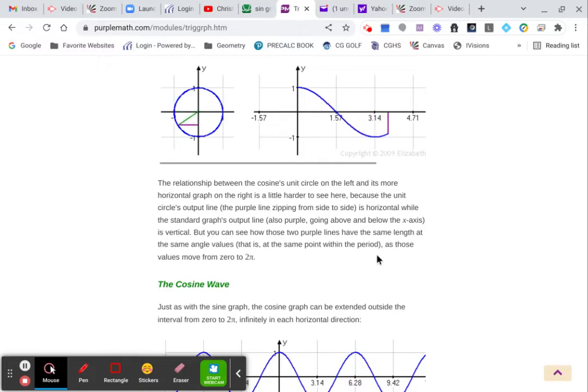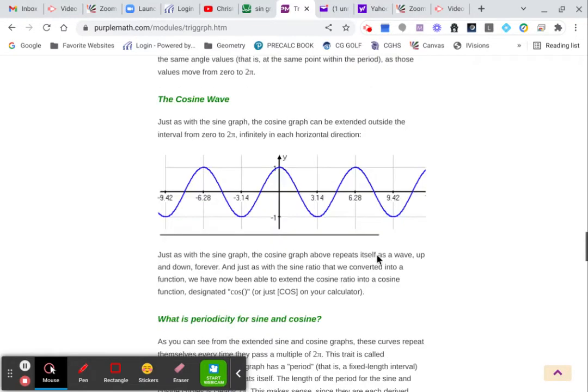So it goes down to 0. Then it goes down to negative 1 at pi. Then it works its way up to 0 and then back up to 1. Okay, so again, this is what cosine looks like over lots of periods. So from 0 to 6.28, which is 2 pi, 2 times 3.14, 6.28, that represents one period replicated over and over and over. Okay?